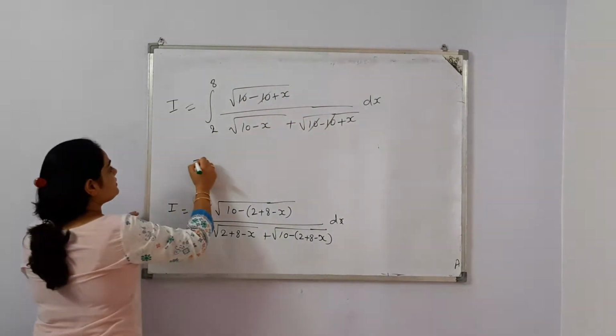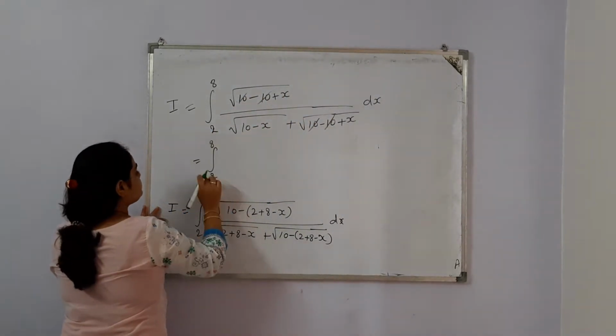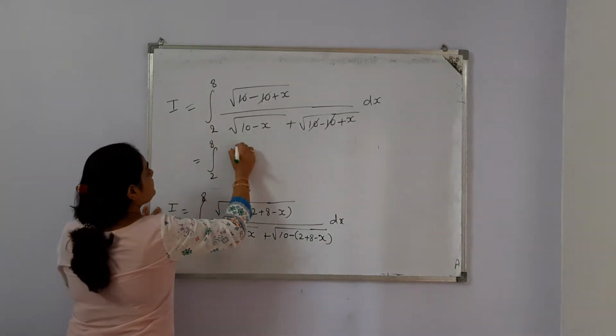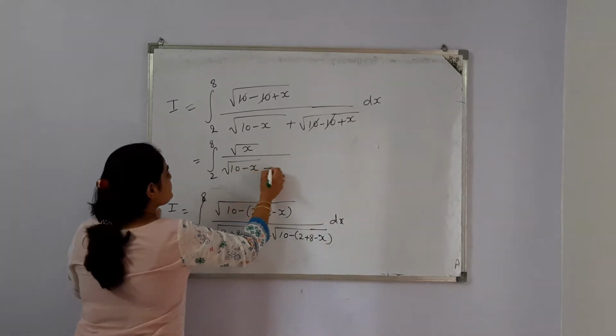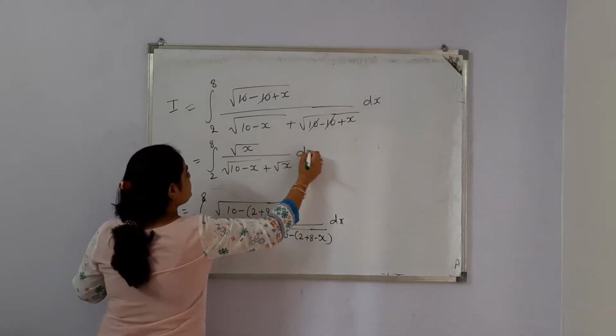Now we have 2 to 8, under root x plus under root 10 minus x plus under root x dx.